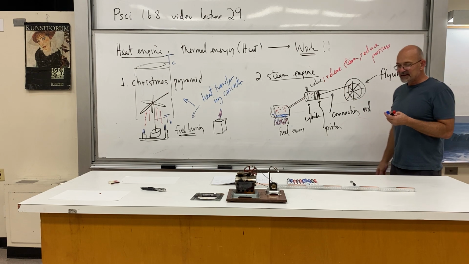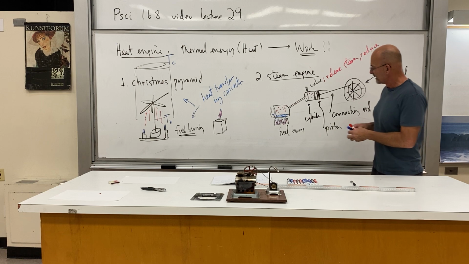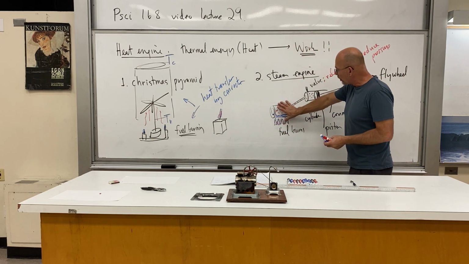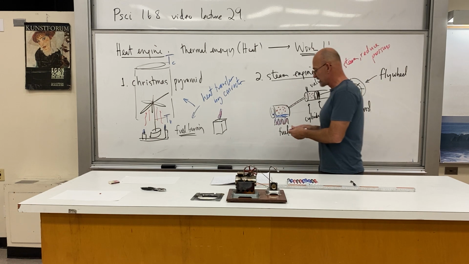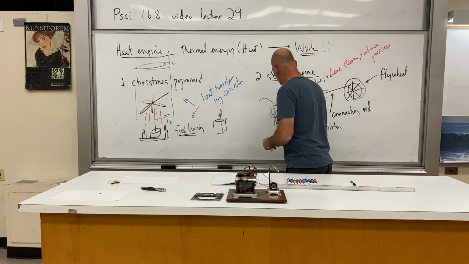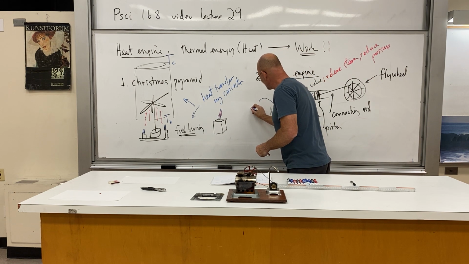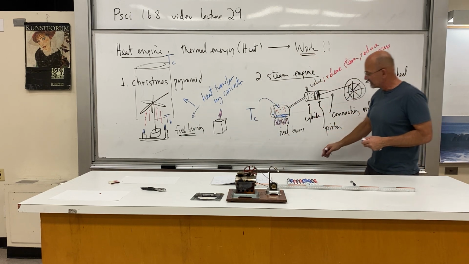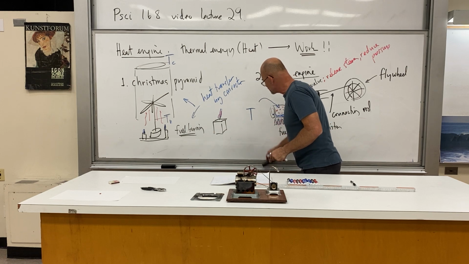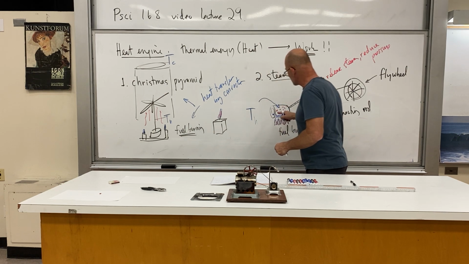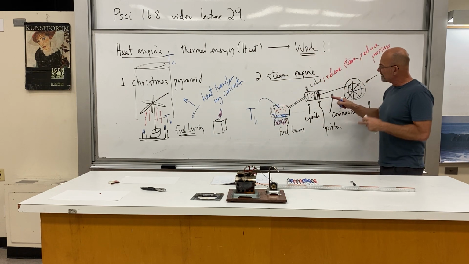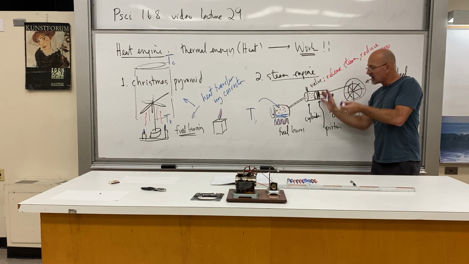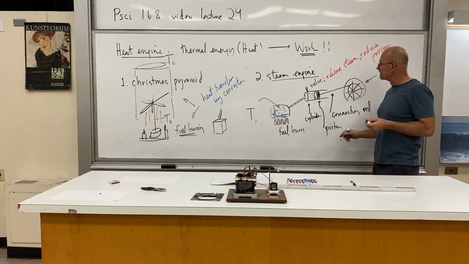Now, where is the temperature difference here? We have a TH in the boiler, because it runs on a temperature difference. So we have TH, high temperature in the boiler, and this low temperature is actually the atmosphere to which the exhaust is being exhausted, okay?